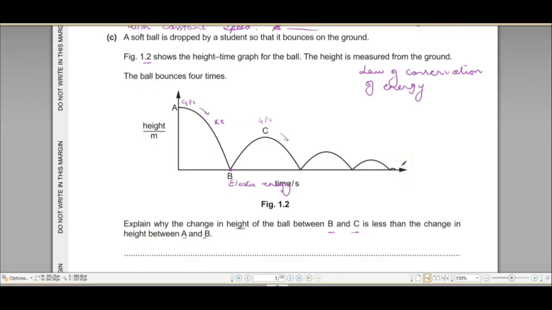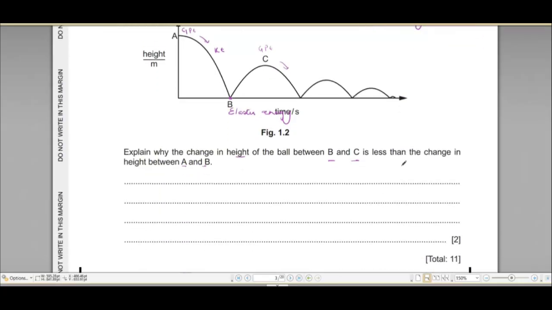So the change in the height is due to the fact that some of the energy is transferred to the thermal energy store.